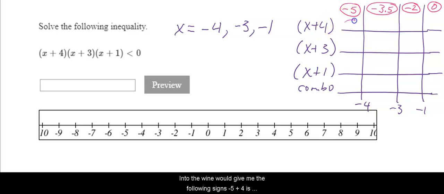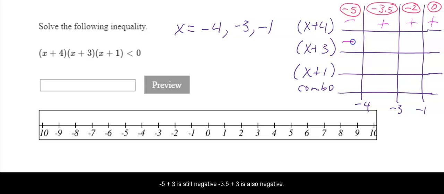Negative 5 plus 4 is negative, negative 3.5 plus 4 is barely positive, negative 2 plus 4 is positive, 0 plus 4 is positive. Looking at the next row, negative 5 plus 3 is still negative. Negative 3.5 plus 3 is also negative, but negative 2 plus 3, that would be positive.